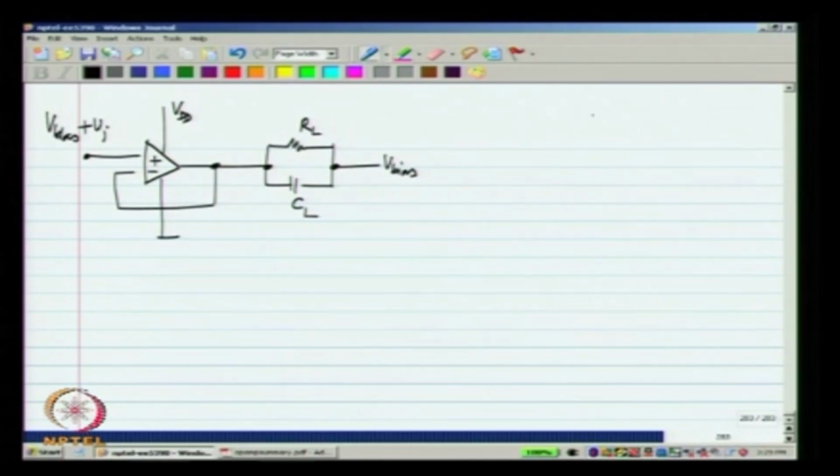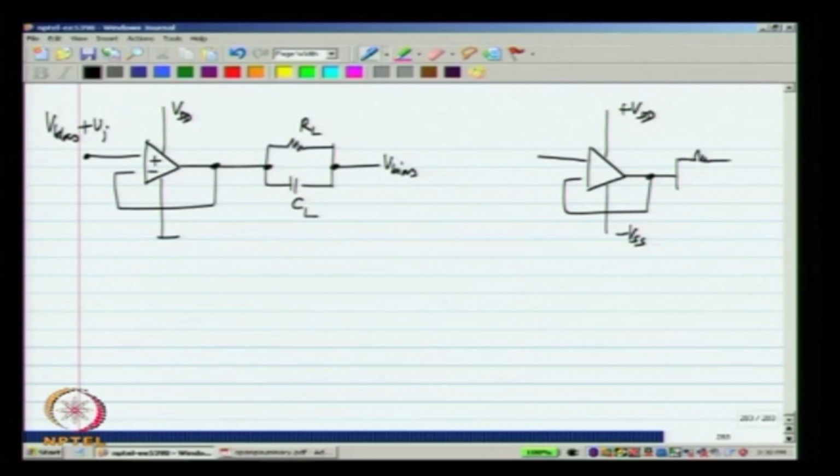In fact, this is a very similar situation to having the conventional picture of the op amp with a dual supply and the load going to ground. As was explained earlier, simply by shifting all the voltages in this circuit, we get that circuit.